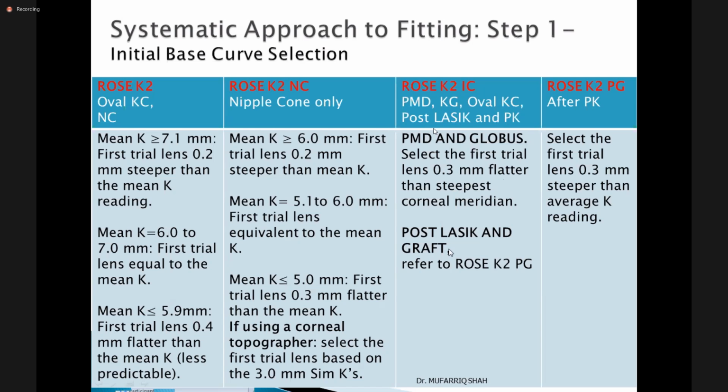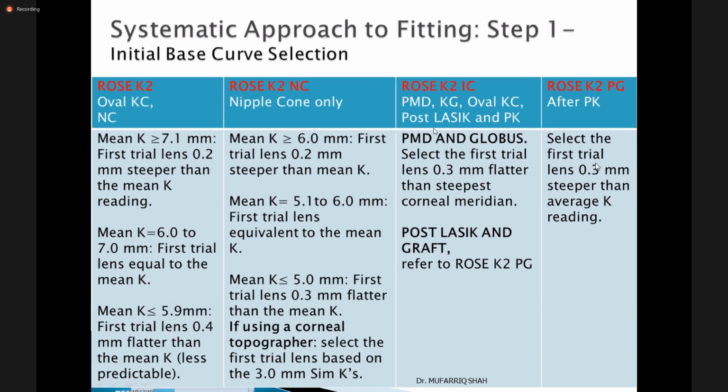And for post-LASIK and graft lenses, you need to refer to the ROSE K2 PG lenses. For ROSE K2 PG, after penetrating keratoplasty, you need to select the first trial lens 0.3 millimeters steeper than the average K reading. The same applies if you want to fit with the ROSE K2 IC lens.